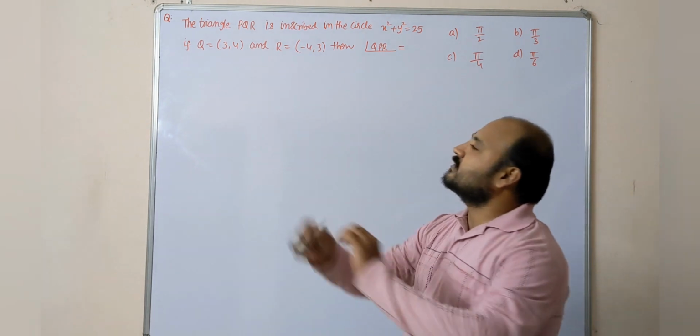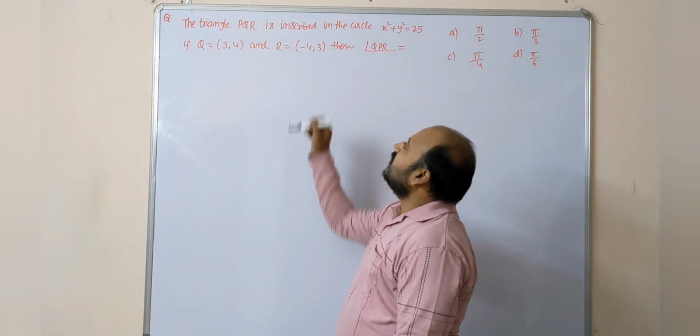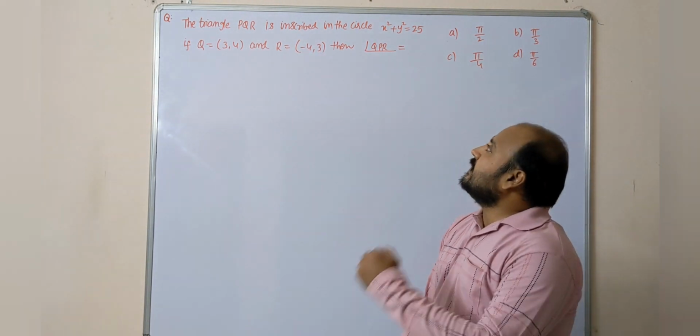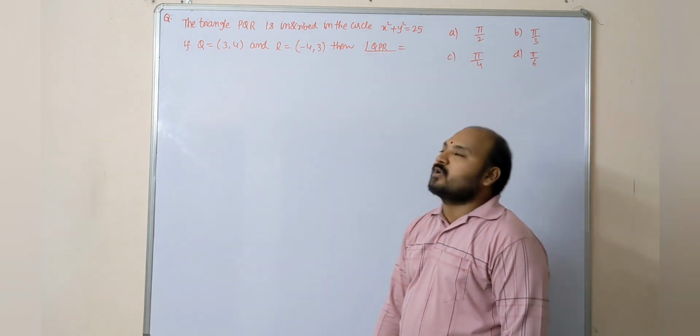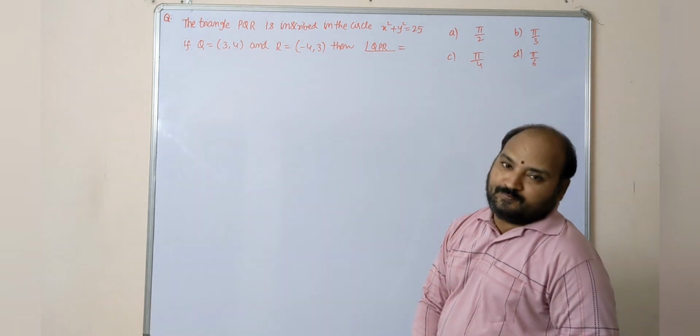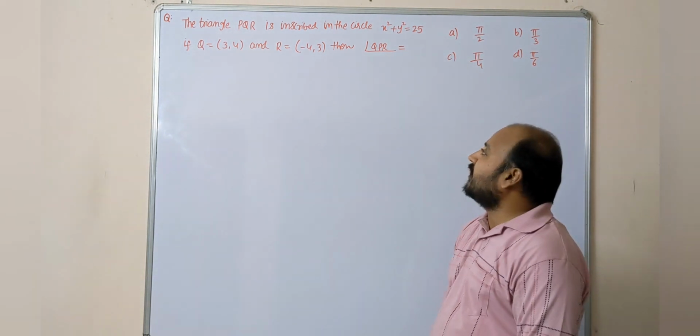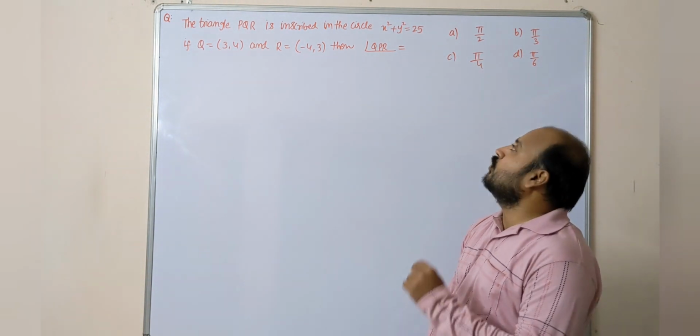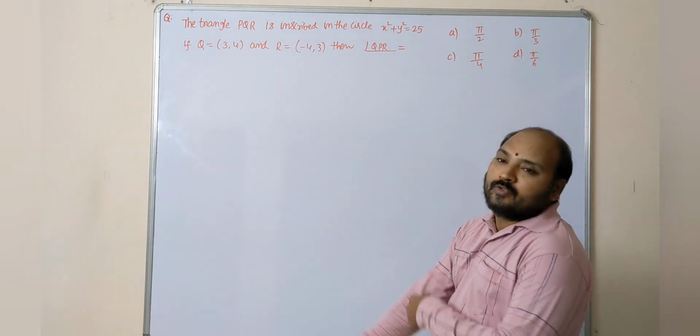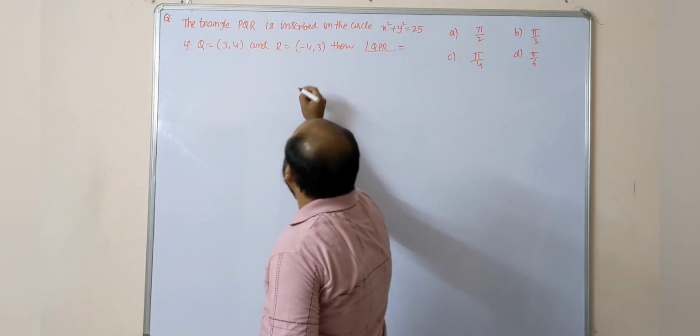The next question: the triangle PQR is inscribed in the circle x square plus y square equal to 25. If Q is (3, 4) and R is (minus 4, 3), then angle QPR equals what? So first draw the figure.